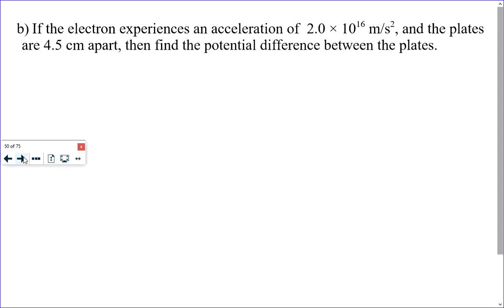If the electron experiences an acceleration of 2 times 10 to the 16 meters per second squared, and the plates are 4.5 centimeters apart, what's the voltage between the plates? So this acceleration is vertical. Right? It's towards the top plate, 2 times 10 to the 16 meters per second squared.